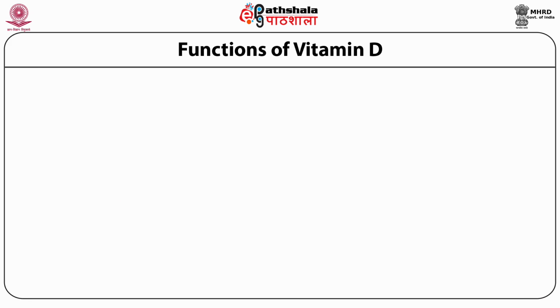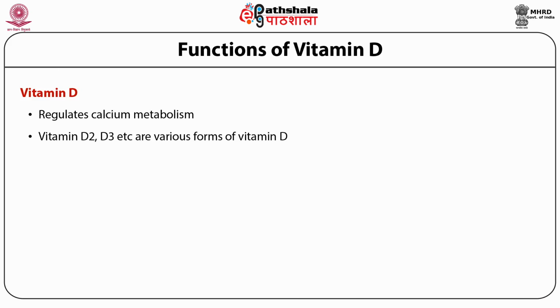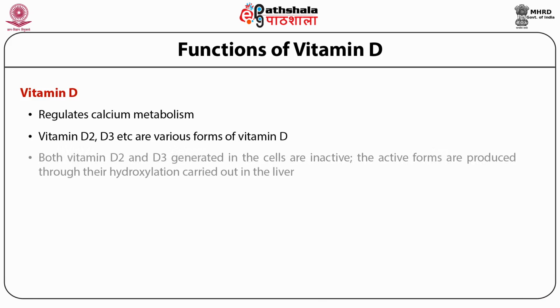Let's have a look at the functions of vitamin D, which is also a steroid hormone. Vitamin D regulates calcium metabolism. There are various forms of vitamin D like vitamin D2 and D3. Both vitamin D2 and D3 that are generated in the cell are inactive.